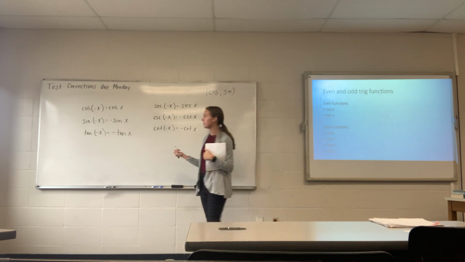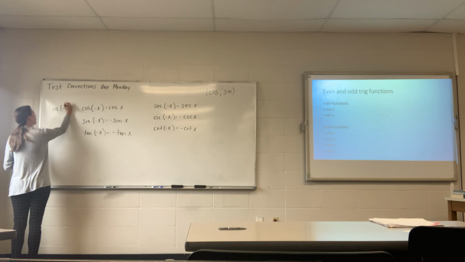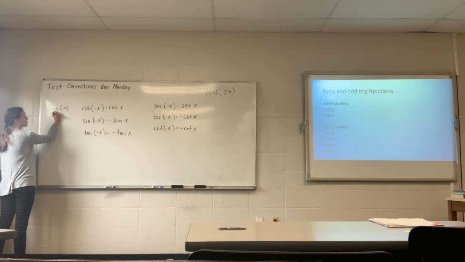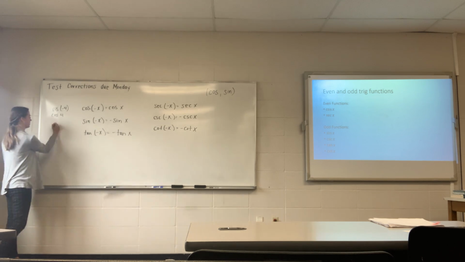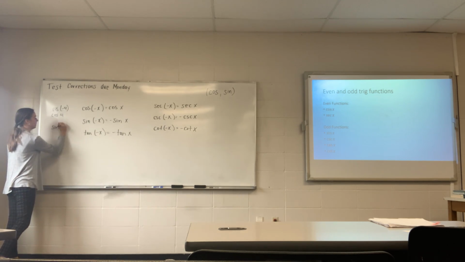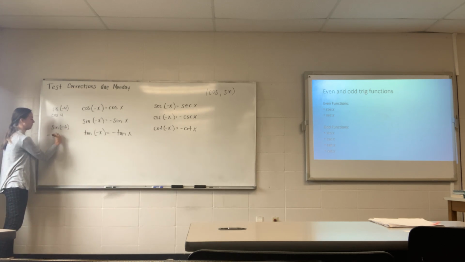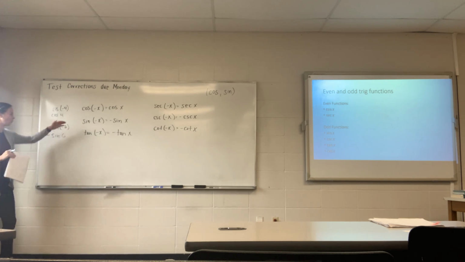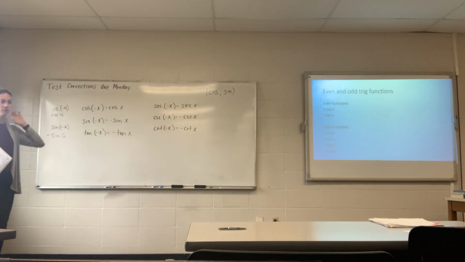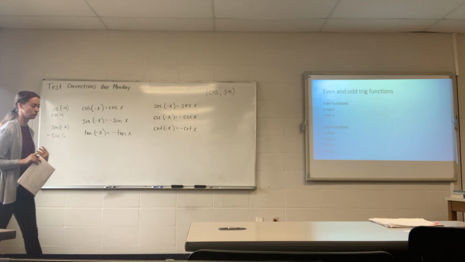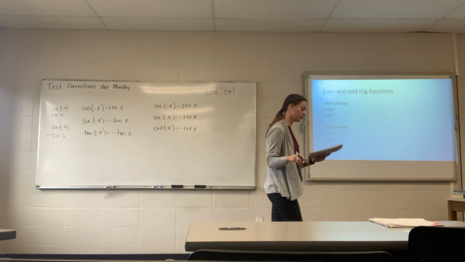So if you had cosine of negative 4, that's the same thing as cosine of 4. Or if you have sine of negative 6, that's the same thing as negative sine of 6. Those are equivalent, and this property just helps us with solving some of them. You'll have a couple on your homework where you'll need to know that.